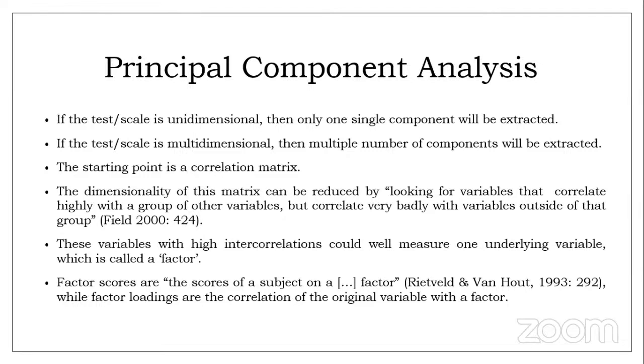Why are you getting 5 different components when you are just supposed to get 3, right? So these are some of the things which we need to consider while extracting components through PCA.